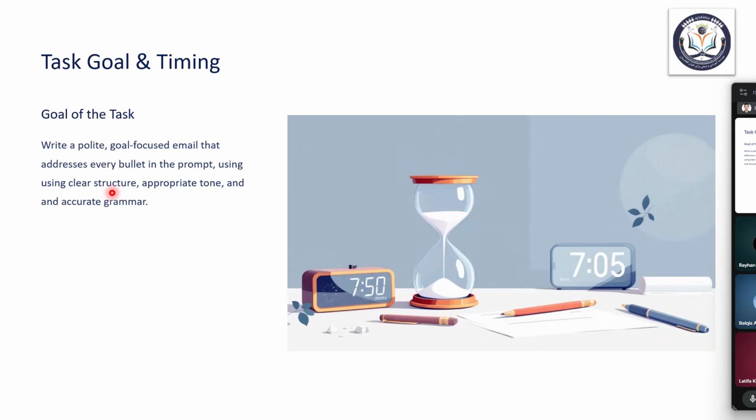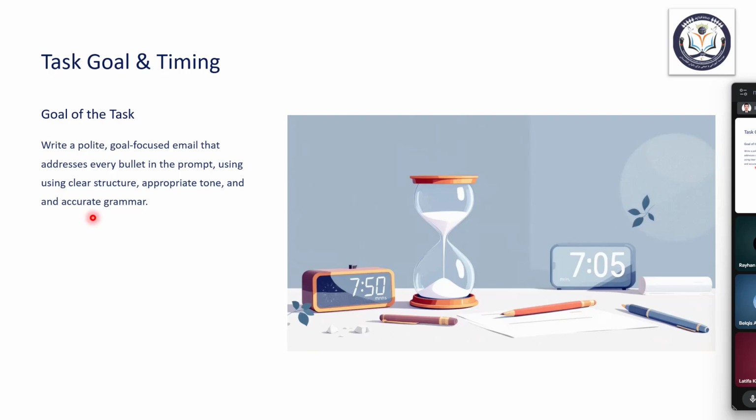It should specifically focus on the bullet points that are given, and it should have a specific purpose. The third thing was the structure, which is part of clarity. So clear structure. Appropriate tone. It's the fourth important thing. And accurate grammar. So these are the main focus of this prompt.